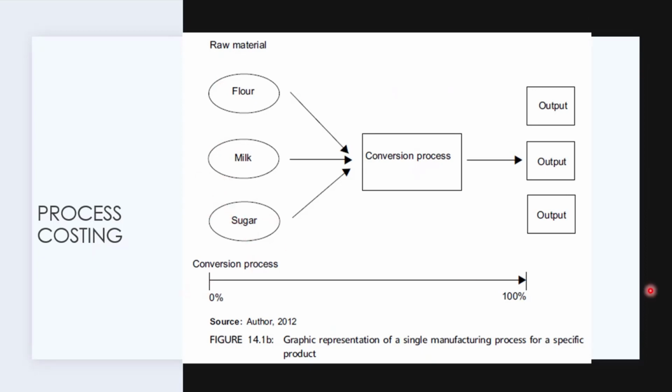But it's a single process and you're making batches of these outputs. So that's process costing. Even with cooking, same thing. I'm just making it simple with practical things that we face every day. So if you own a bakery, you are probably using a single manufacturing process for those specific products that you will be making.